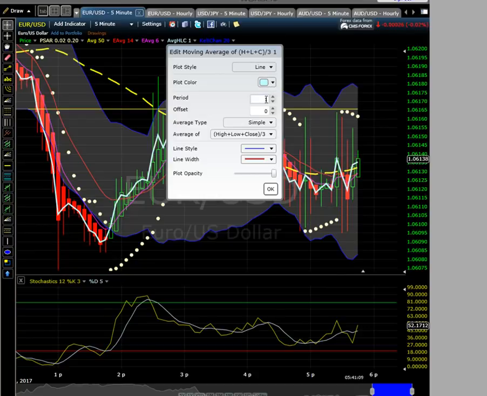I'm going to show you guys the settings. Plot color, I just put it light blue, and I put the period 1, and I also put high plus low plus close. I feel like it's most accurate to the overall price. So that's why you want to put high plus low plus close, and you want to put period 1.